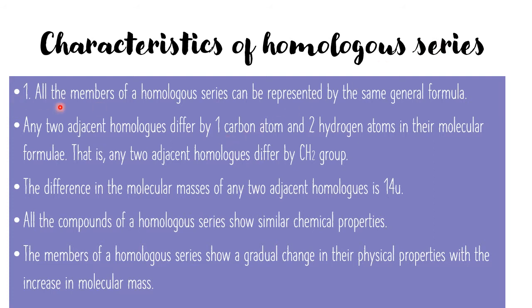Children, all the members of a homologous series can be represented by the same general formula. For example, alkane series, which you have already learned, CnH2n plus 2, alkene CnH2n, and alkyne CnH2n minus 2.